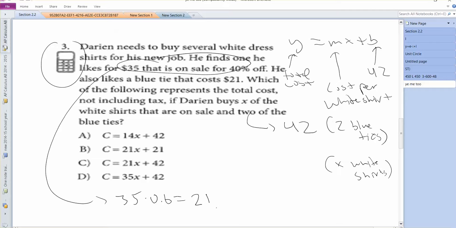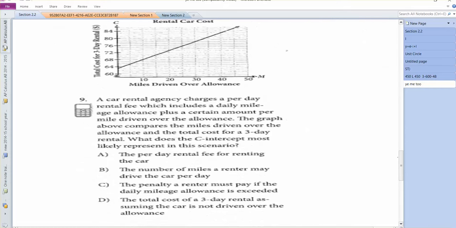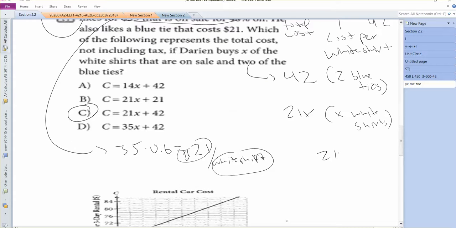So it's $21 per shirt. And think about it, that is going to be a ratio, right? You're looking at change in money per change in shirt. So for every $21 change in the cost, you increase by 1 white shirt. So that's going to be 21x, and that's the answer, C. So your total cost is 21x plus 42.